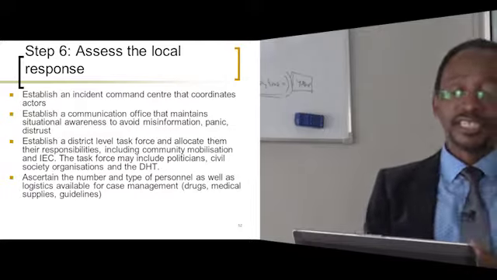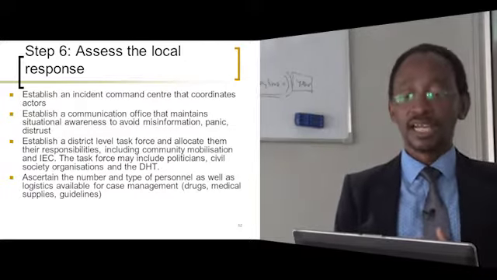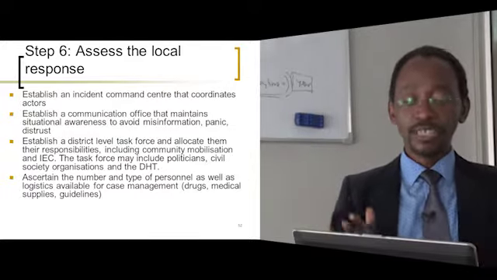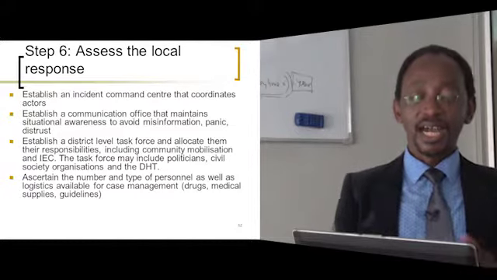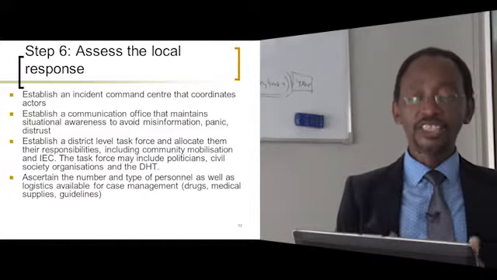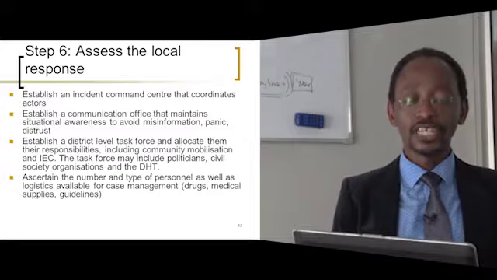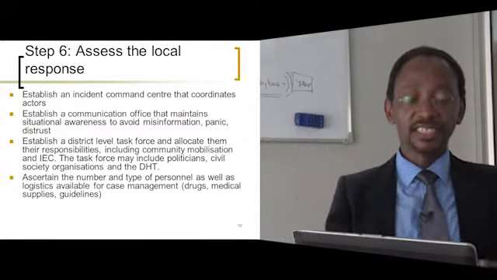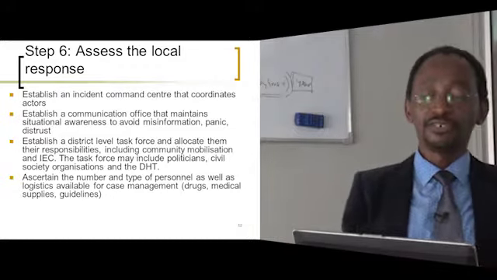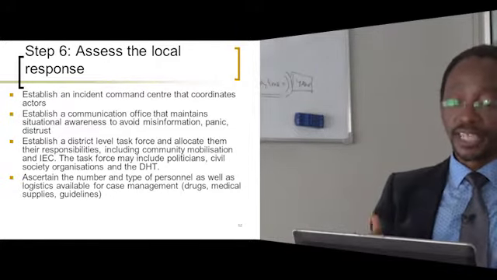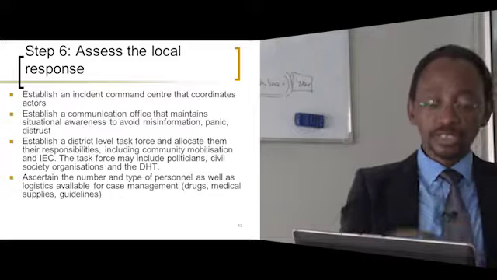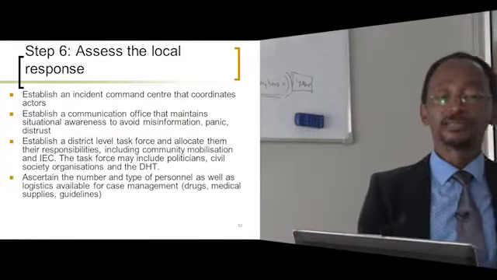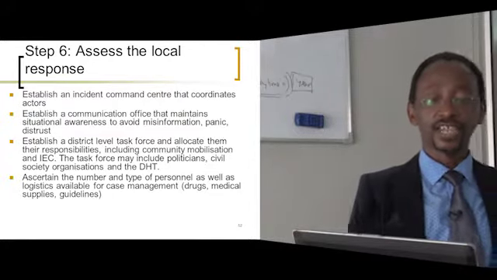We establish a district-level task force and allocate them their responsibilities, communicate clearly, including community mobilization, information, education, and communication. And the task force can include politicians, civil society organizations that are involved in the response, and the district health team. And we allocate responsibilities depending on their expertise and areas of emphasis.